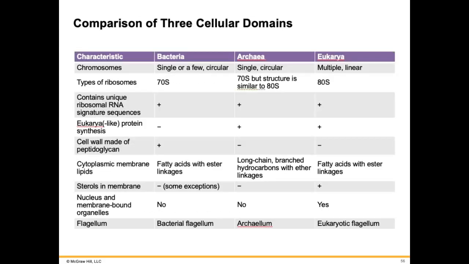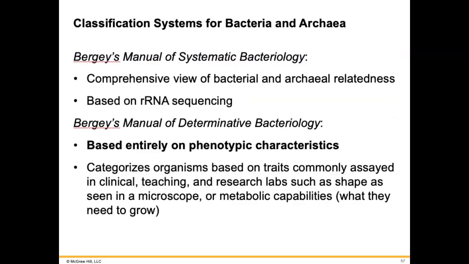Some comparison of bacteria, archaea, and eukarya. Just basic stuff here. Not going to ask a bunch of questions on this, but you might see a question here and there. Classification systems for bacteria and archaea. So we have Bergey's Manual of Systematic Bacteriology.